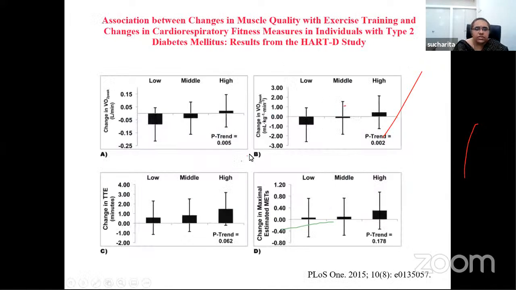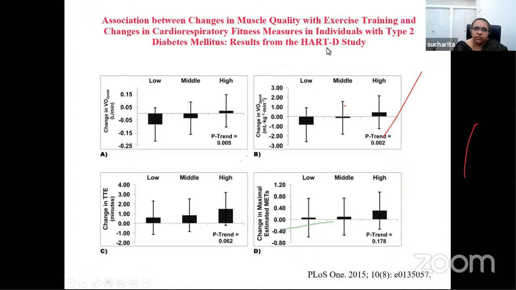This is a very interesting study where they looked at muscle quality and individual fitness. So we are not only translating the role of muscle quality, but also trying to understand whether an individual becomes much fitter after improving their muscle quality.